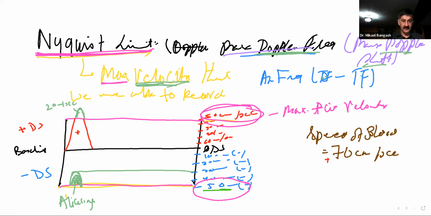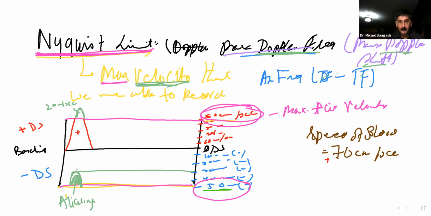But some of that positive Doppler shift, which we're not able to record because of the Nyquist limit, which was lesser than the speed of blood, is going to show up, in this case, as a negative Doppler shift. And that is what we call aliasing.